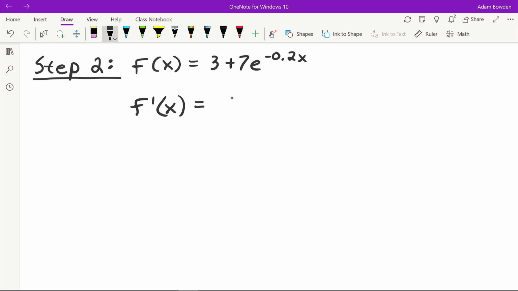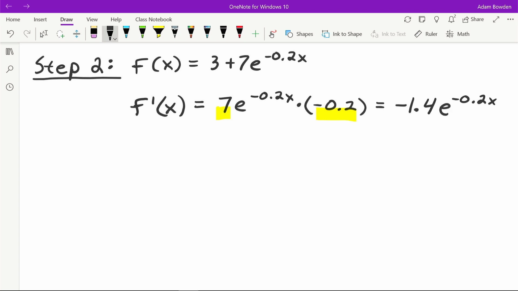F prime of x in this case would equal 7e raised to the negative 0.2x times the derivative of the negative 0.2x, just the negative 0.2. And if we multiply these numbers together here, we're going to find that this is equal to negative 1.4e raised to the negative 0.2x. We're going to do the two things that we usually do with our derivative.